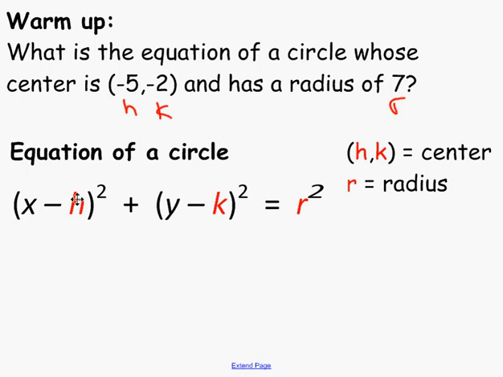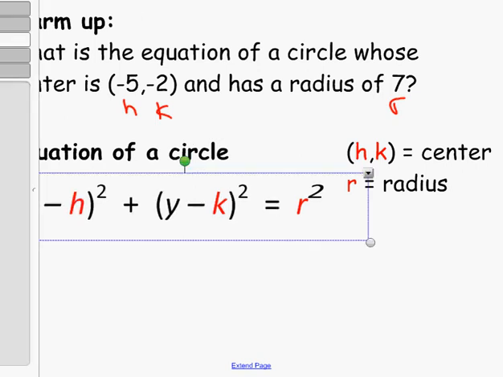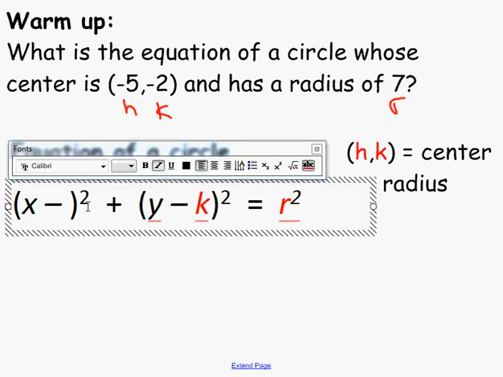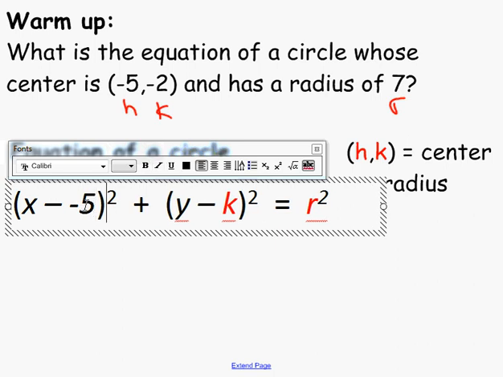So if I substitute in here, which is what I'm going to do right now, I'm going to substitute for h with -5. I'm going to substitute for k with -2. And I'm going to substitute for r with 7.